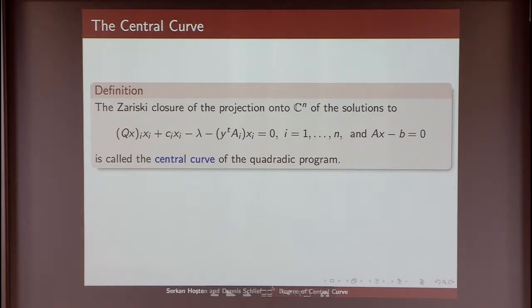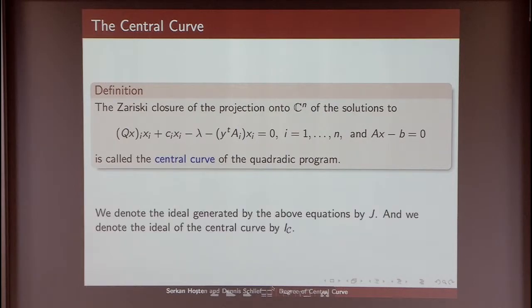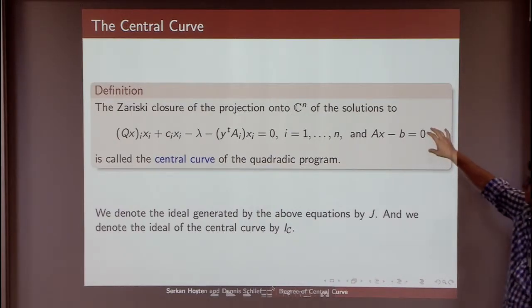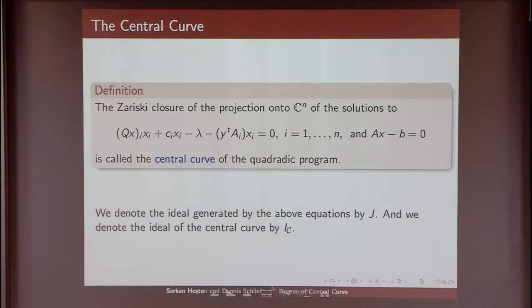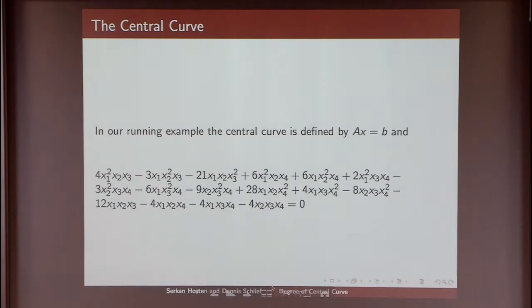One more time. The ideal generated by these equations I'm going to call J, and the vanishing ideal, the ideal of polynomials vanishing on the projection, the central curve, I'm going to call I_C.